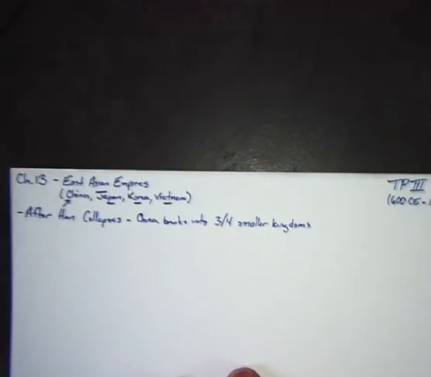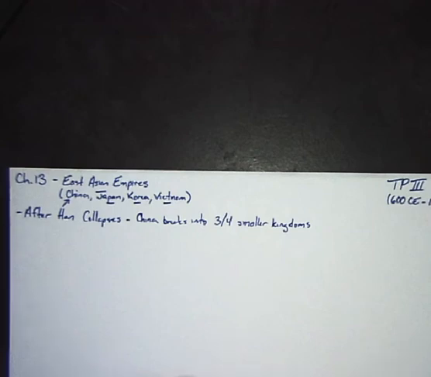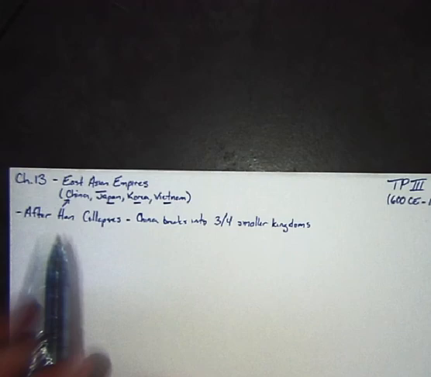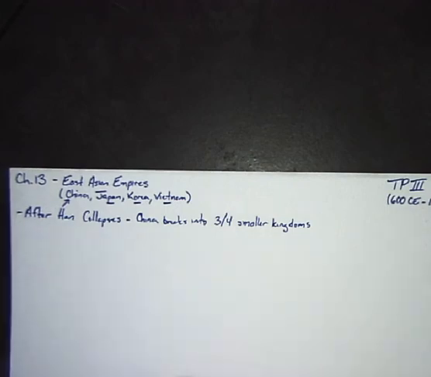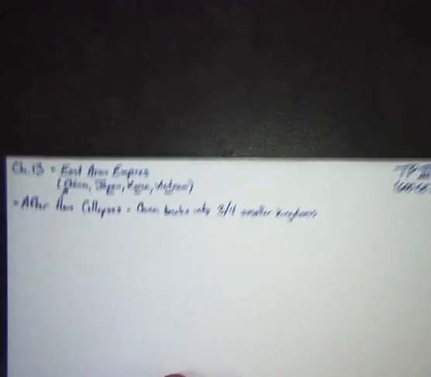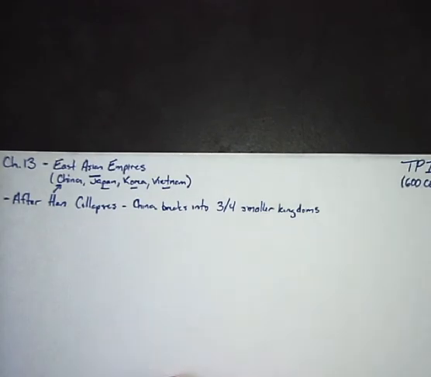Very similar to what happened after the Zhou Dynasty collapses and we get the period of warring states. After the Han Dynasty collapses, again, China breaks into 3 or 4 smaller kingdoms. It depends on what period you're looking at, but China again kind of falls into chaos.